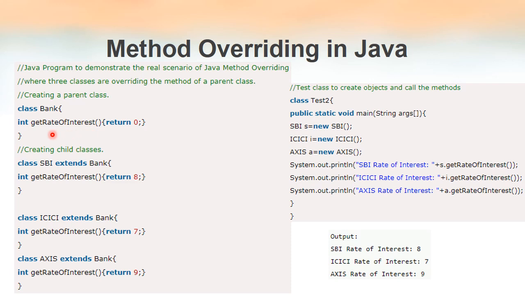We don't want the same lines of code to be executed for each of these objects. We want different lines of code to be executed for each child class, but the name of the method must be the same. In that situation, we will be implementing method overriding. So this is an example for method overriding, and this is the first usage of method overriding, that is specific implementation of the method that is already provided by the parent class.